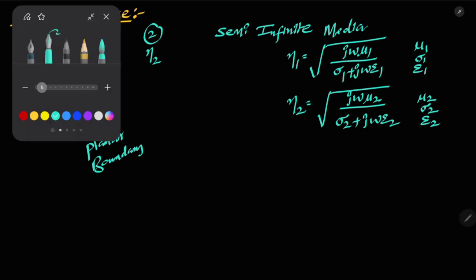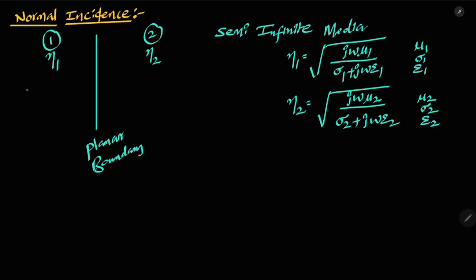Now, whatever I am taking is the normal to the interface, the normal to the boundary. This is the boundary and this is the normal to the boundary. This normal is already making 90 degrees with the boundary.